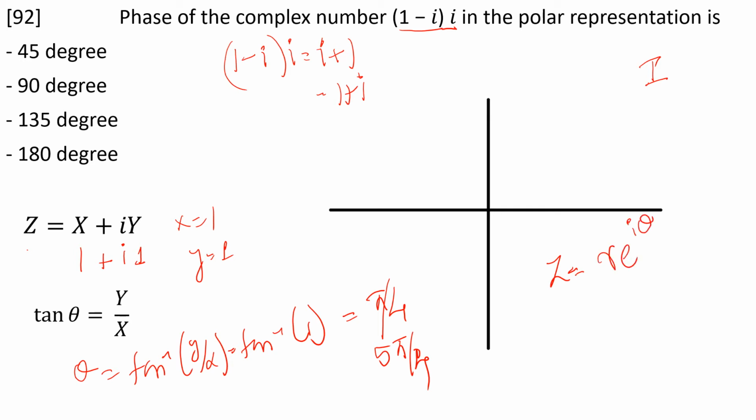Now what is the value of r? R is equal to under root x square plus y square, which is nothing but under root 2. Now theta value you already know, 45 degrees, because you know that it is in the first quadrant. So this is your complex number with 45 as the phase. So the phase is 45.